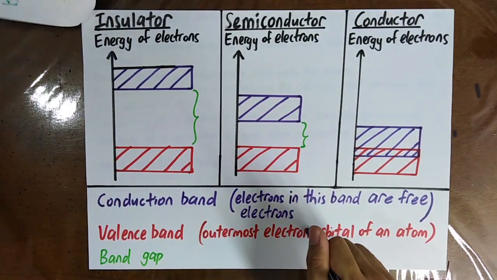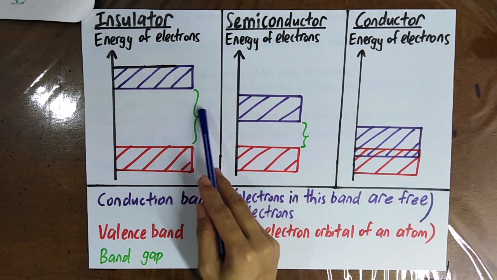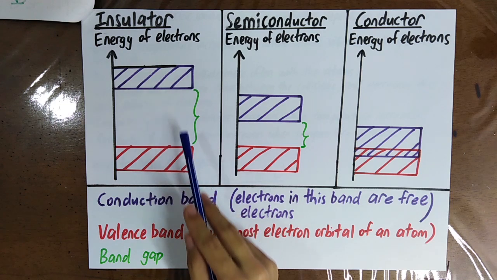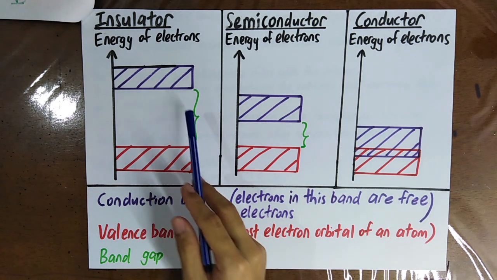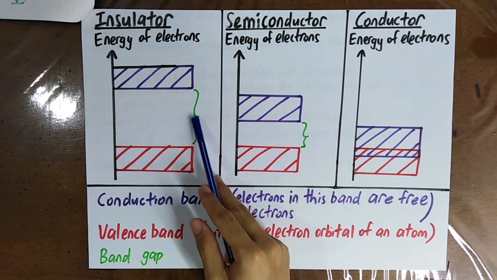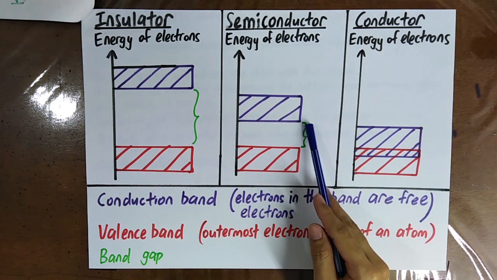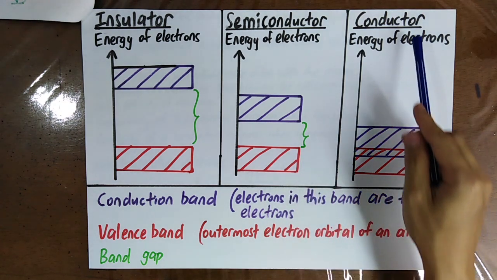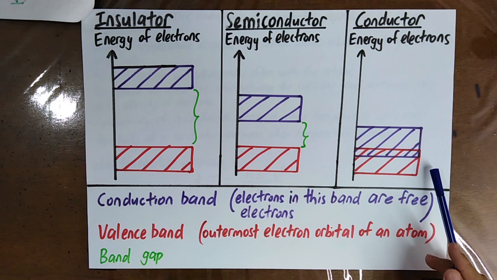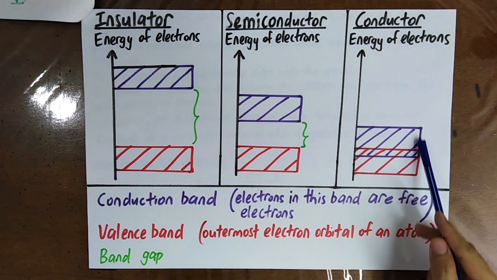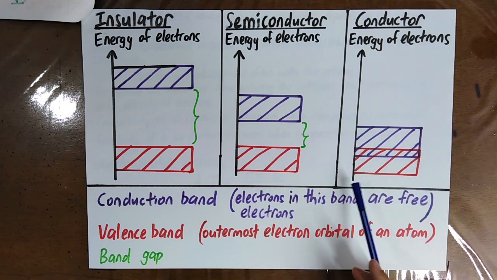And the space in between the conduction band and the valence band is the band gap. You realize that for an insulator the band gap is very large, for a semiconductor the band gap is quite small, and for a conductor you do not have a band gap. That means the conduction band actually overlaps with the valence band.